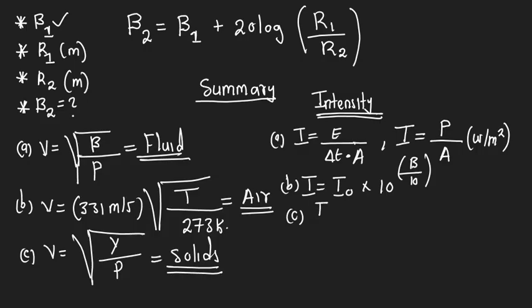The formula we use is intensity 2 over intensity 1, and we said that it is the inverse square concept, so we're going to have R1 squared over R2 squared. This is how you calculate the intensity.